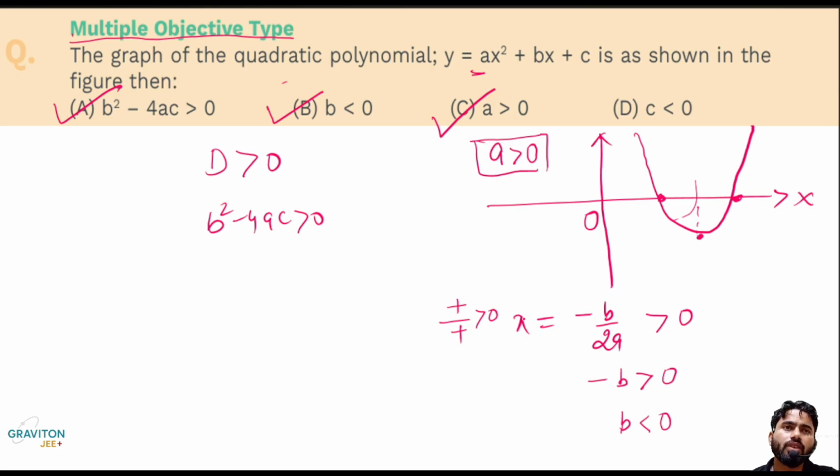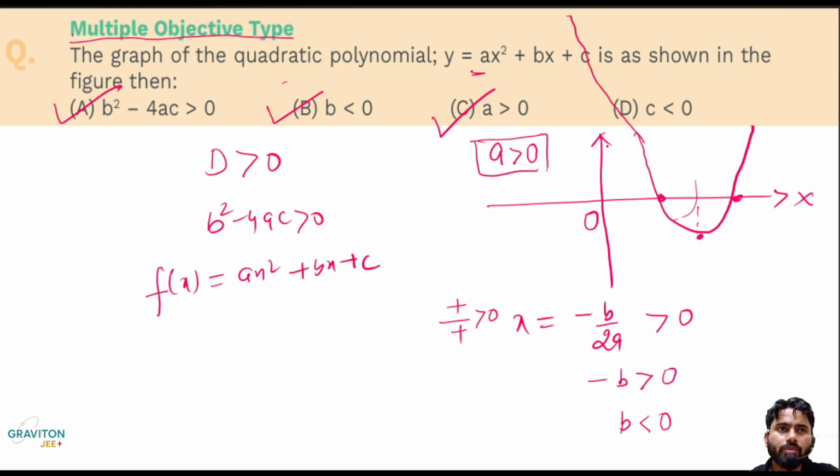Now in this question, how will you check whether option C is correct or not, right? You have f(x) equal to ax square plus bx plus c, and now look at this graph.